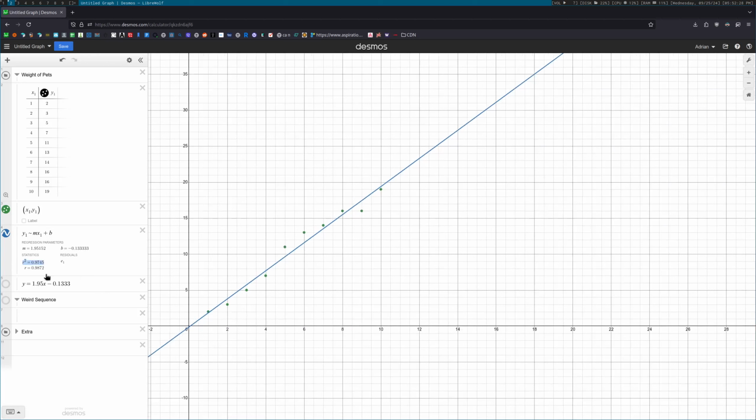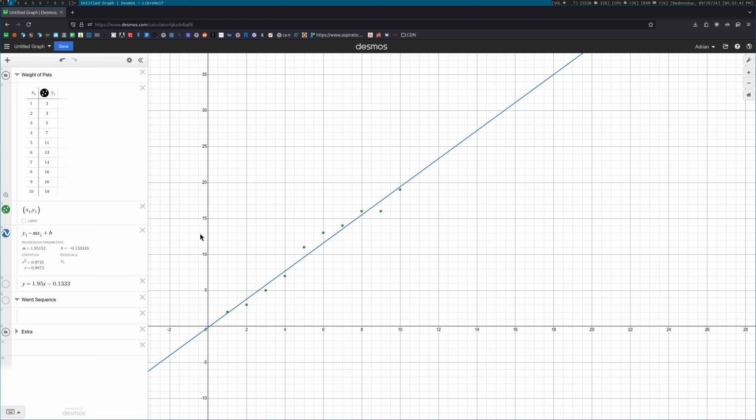What do these mean? Okay, it told us what it thinks m is and what it thinks b is. This r squared is called the coefficient of determination. It basically tells you how well the model predicts the data, how much variation it explains. Okay, that's r squared, and it's 0.9745, which means it's pretty close.